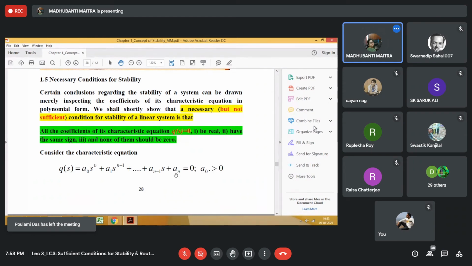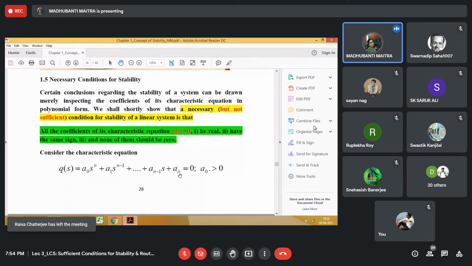So the necessary conditions are like this. I'm repeating: for a system to be stable, the necessary condition states that all the coefficients of the characteristic equation of the system be real.